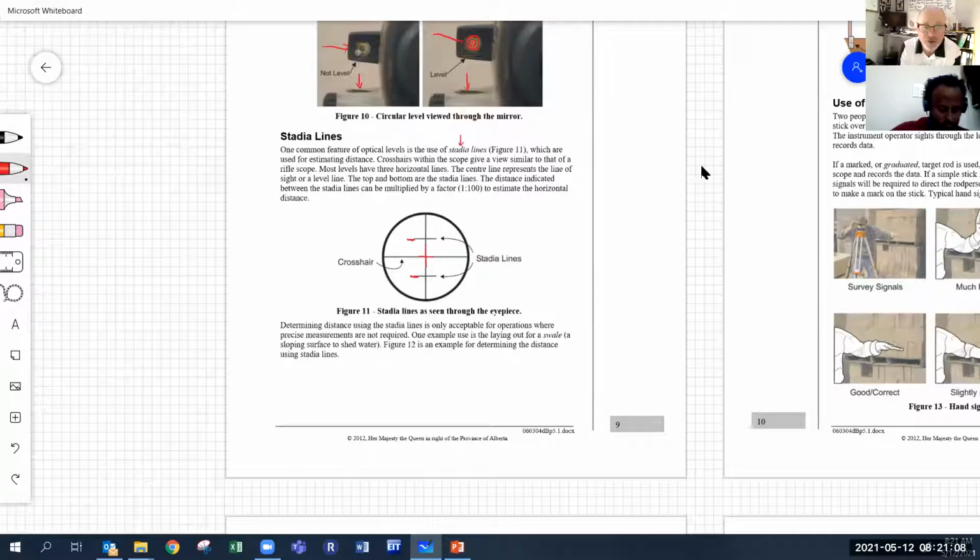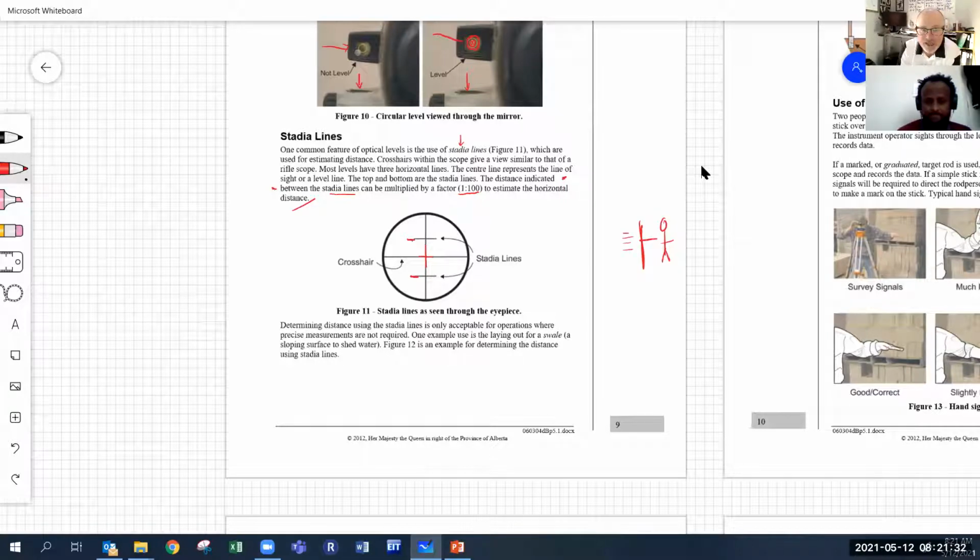They're not super accurate. The distance indicated between the stadia lines can be multiplied by a factor of 1 to 100 to estimate the distance. So if you have a person standing here with a rod in his hand, you will see measurements on that rod.